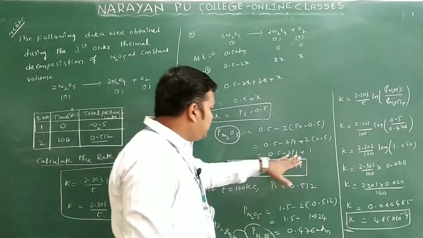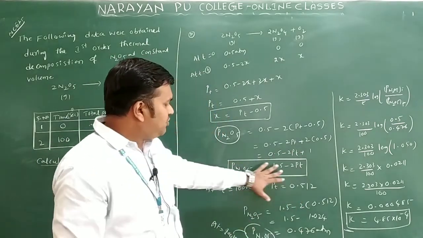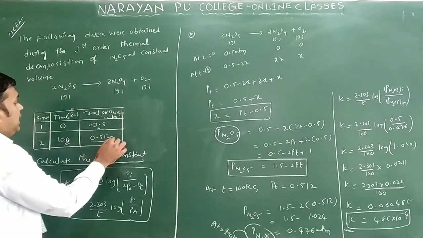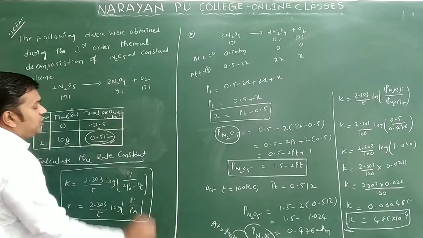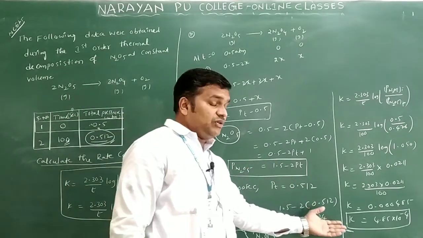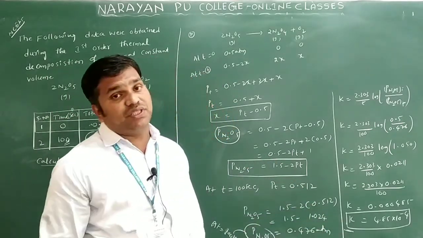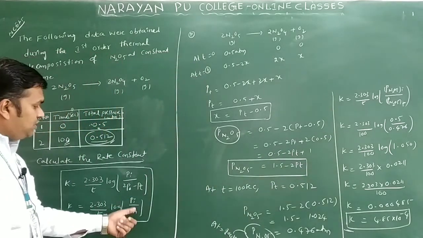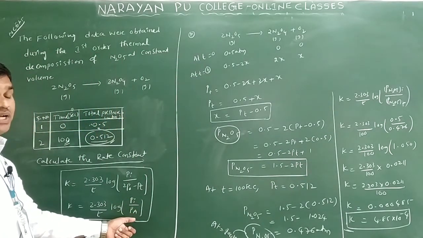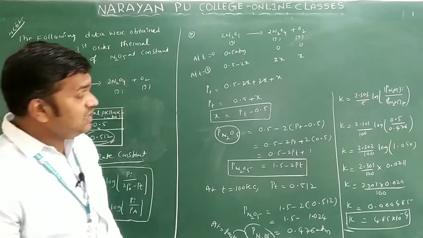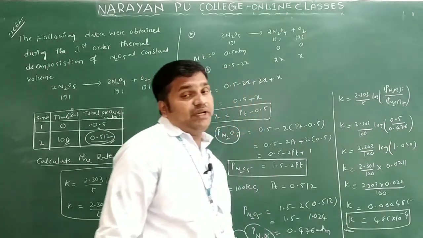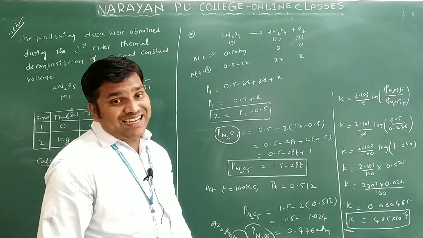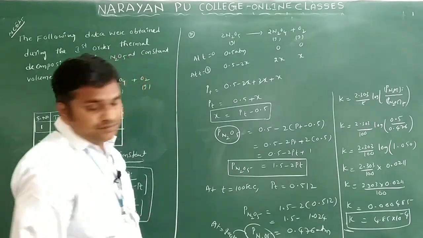Substituting the total pressure 0.512 at 100 seconds, you get 0.476. Then you substitute the values in this formula, initial pressure of N2O5 by partial pressure of N2O5 at 100 seconds. The value you got is 4.85 into 10 power minus 4. So this is a problem based on the gaseous first order reaction.